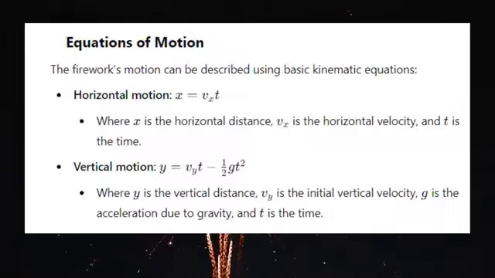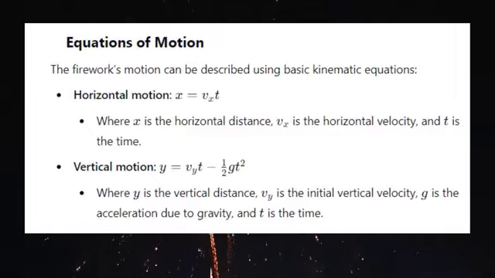For vertical motion, y will then represent the vertical distance, vy is the initial vertical velocity, and g will be acceleration due to gravity, and t is, of course, representing time traveled. These equations will help us predict where and when the firework will reach its peak height, how far it will travel, and begin its descent.